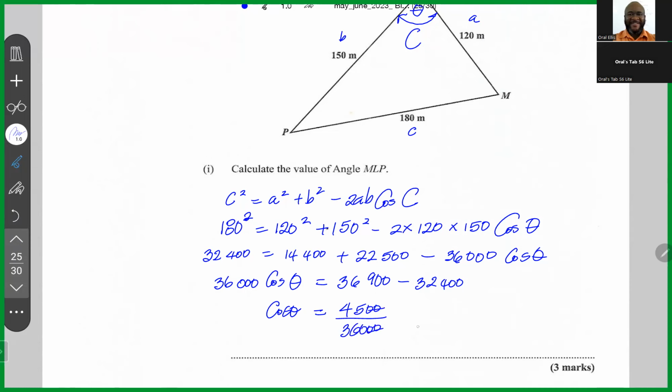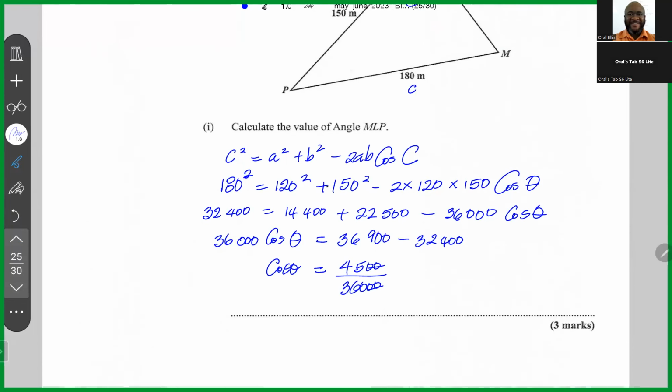Cancel that. So now we have theta is equal to cos inverse.